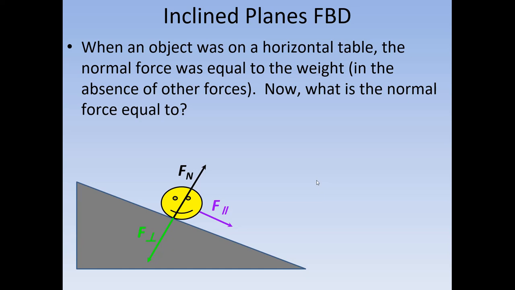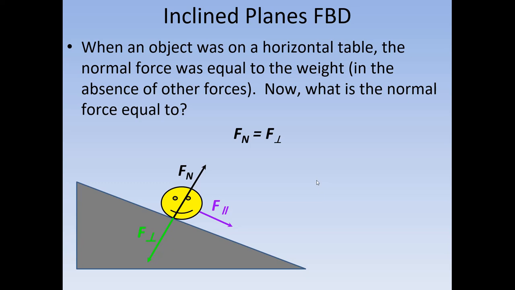The normal force is going to be balanced by whatever is opposite it. In this case, that's the perpendicular force. So try to avoid going to the default Fn equals Fg, because that's not actually ever the case. But it's especially not the case here. Fn is going to be equal to F perpendicular. Again, if you get into the habit of drawing the FBD, you won't have this issue.